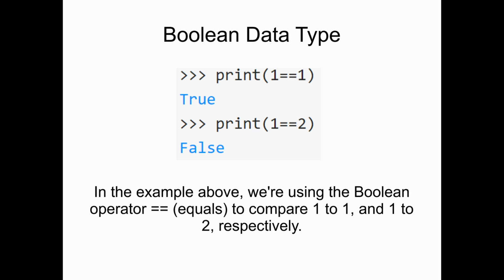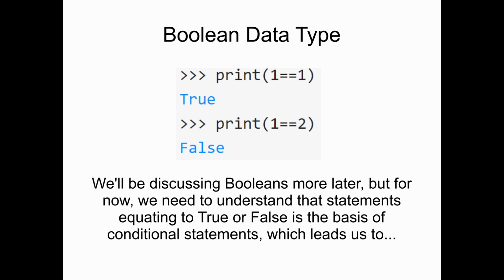In the example above, we're using the Boolean operator double equal signs to compare 1 to 1 and 1 to 2, respectively.